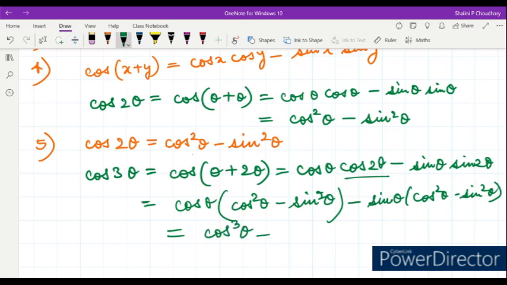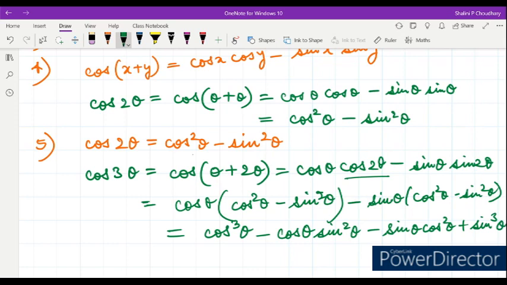Cos cube theta minus cos theta sin square theta, minus sin theta cos square theta minus sin theta cos square theta plus sin cube theta, right? So this value we can derive like this.